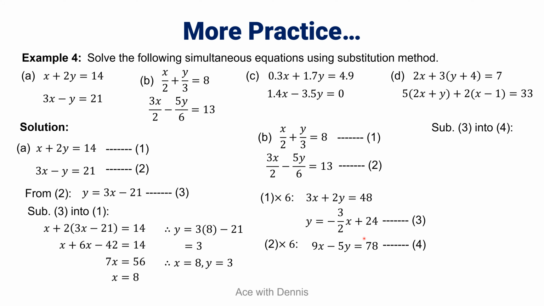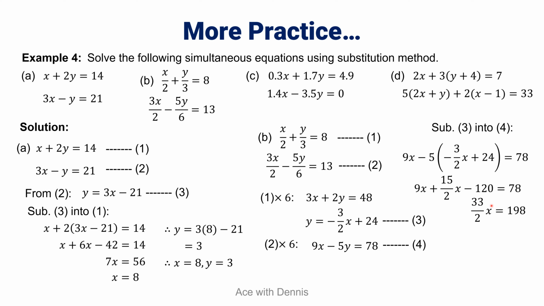Okay, so after that, substitute from equation number 3 into equation number 4. When you see the y, just put in this whole thing, right? 9x minus 5 bracket negative 3 over 2 x plus 24 equals 78. Then the next step, expand the bracket. So you get 9x plus 15 over 2 x minus 120 equals 78.